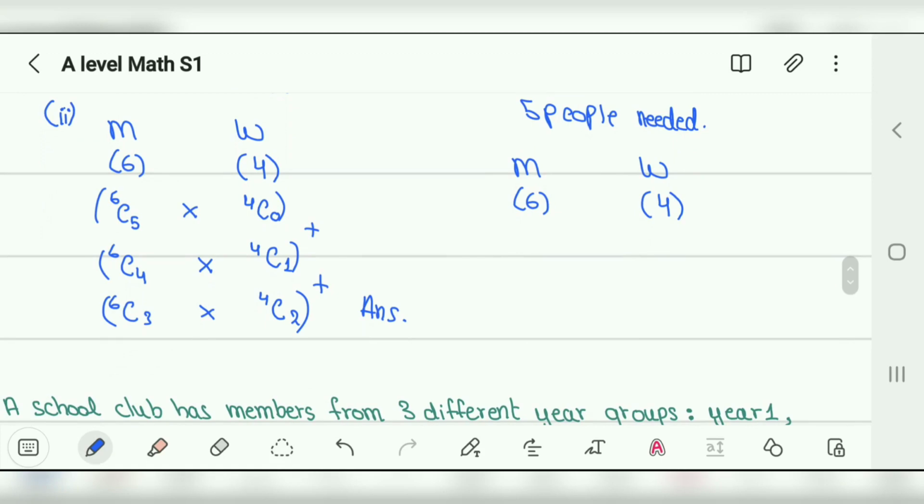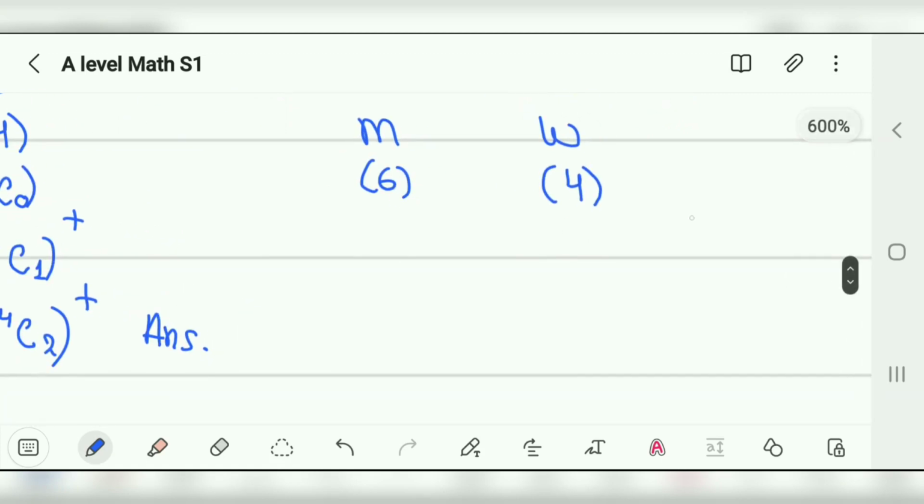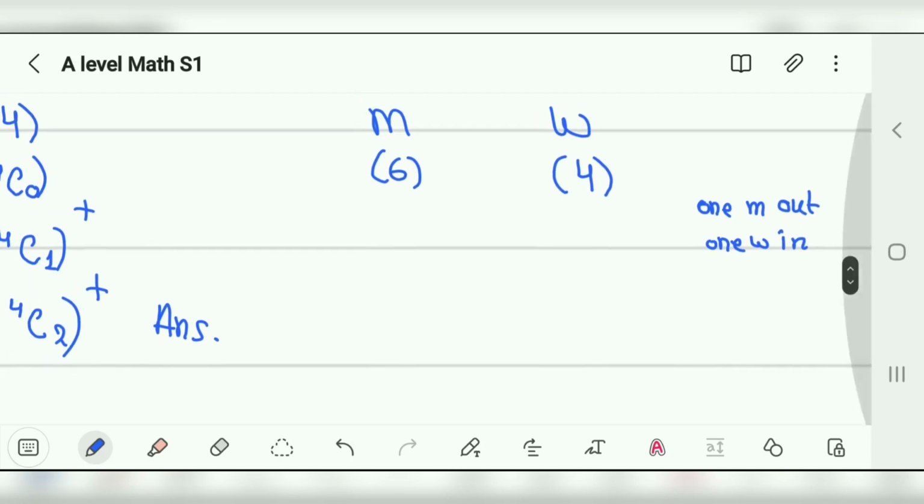Okay, let's suppose that one man is out, one woman in. Since one man is out, then we could just do 5C3 multiply by 3C1, since that woman has already been selected.